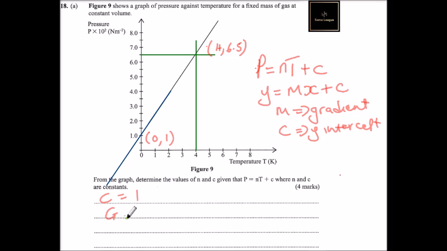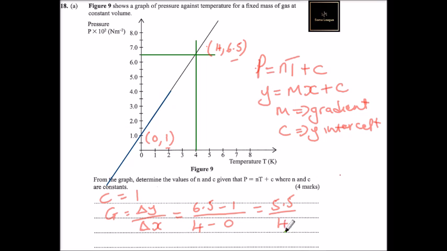We normally say gradient is the change in y divided by the change in x. We take the value of y here, this is 6.5, minus the value of y here, which is 1, divided by 4 minus 0. That is the change in y, and that should give you 5.5.